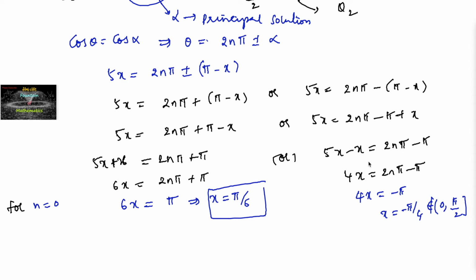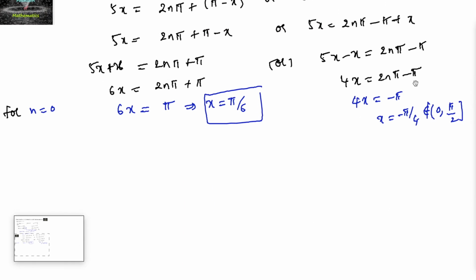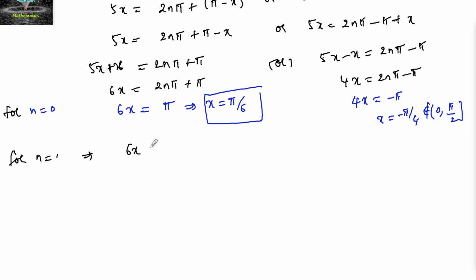Now let us consider n is equal to 1. For n is equal to 1, 6x is equal to 2 into 1 into pi, that is 2 pi, plus pi, which is equal to 3 pi. So we have x is equal to 3 pi upon 6, which is equal to pi upon 2.